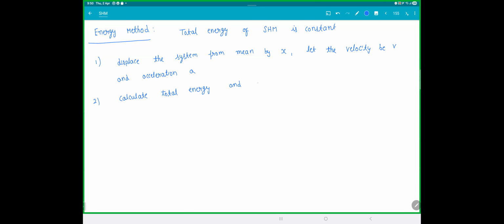Because the total energy is constant, one side you'll get a 0. And then you will end up with A is equal to minus omega square X. You'll get this and compare with this.